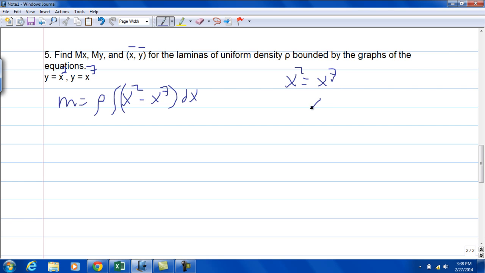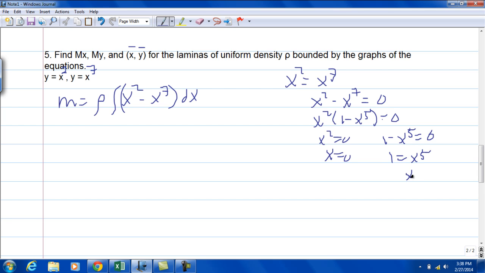That's whenever x squared minus x to the 7th equals 0. x squared times 1 minus x to the 5th equals 0. So that's where x squared equals 0, so x equals 0. And where 1 minus x to the 5th is 0, 1 equals x to the 5th, x equals 1. 5th root of 1 is 1. So we're going to go from 0 to 1, and in that interval x squared is going to be on top, because it really flattens out for the x to the 7th.